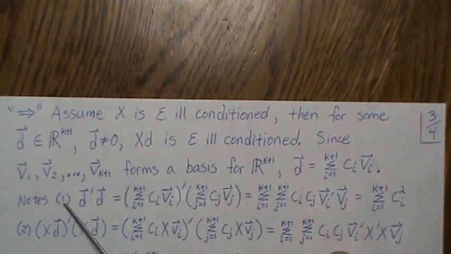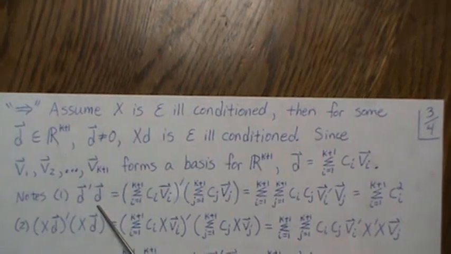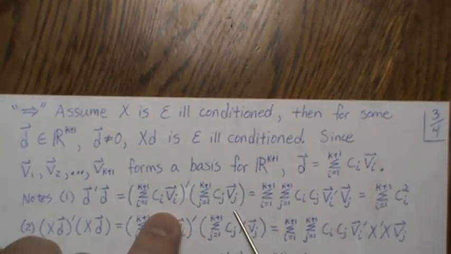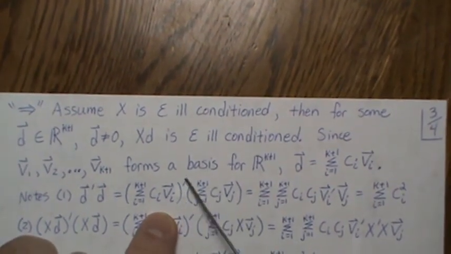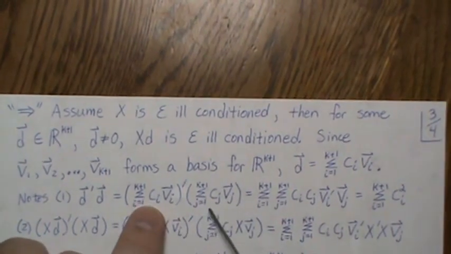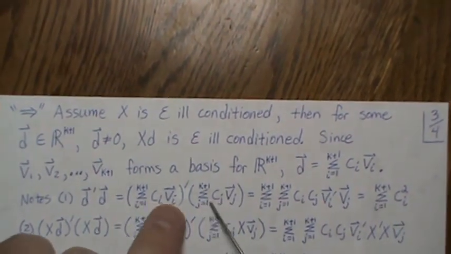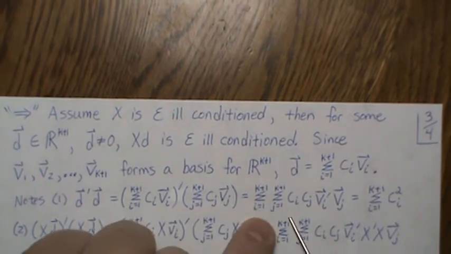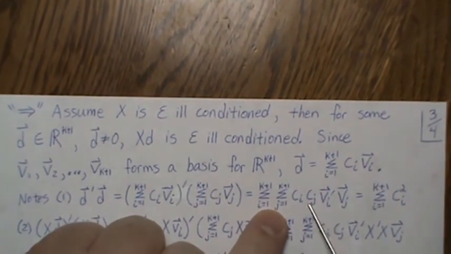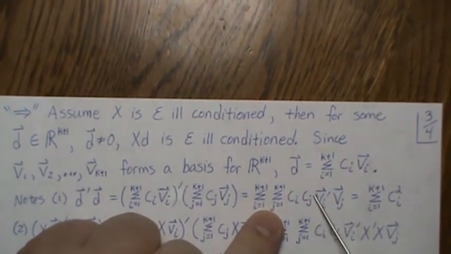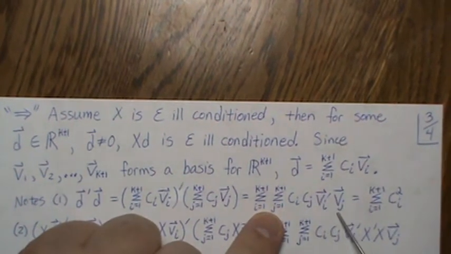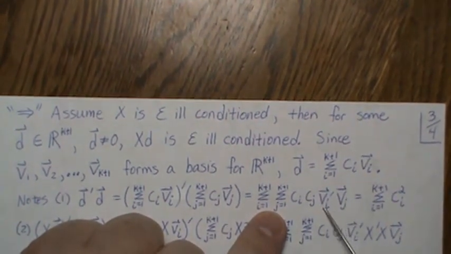So 2 notes. D transpose D is this. So then we take the transpose in, that's a constant, so it doesn't affect it. And then we multiply that out, but that's like taking the sum to the left, and we get this. But now the orthonormal eigenvectors, so when i and j are not equal, that's 0. But when they're equal, it's 1.